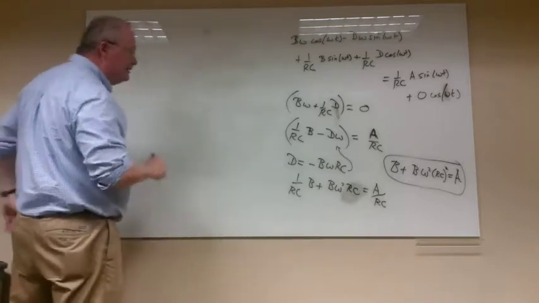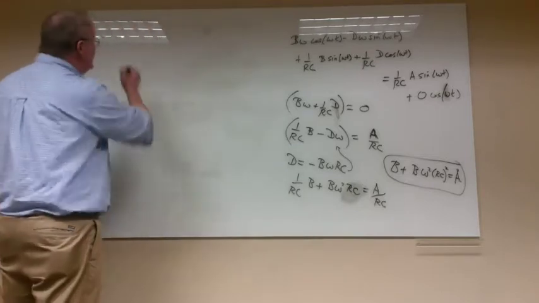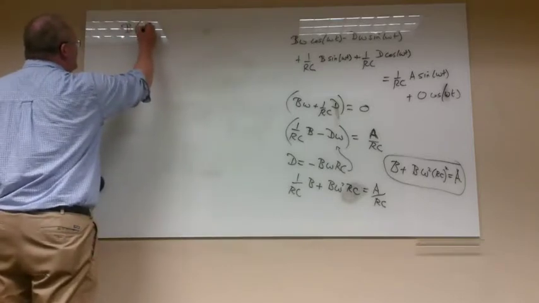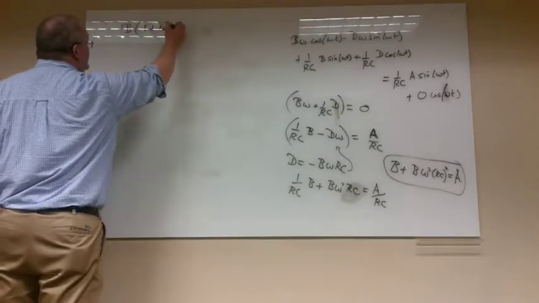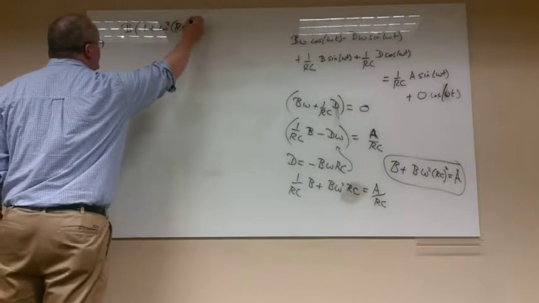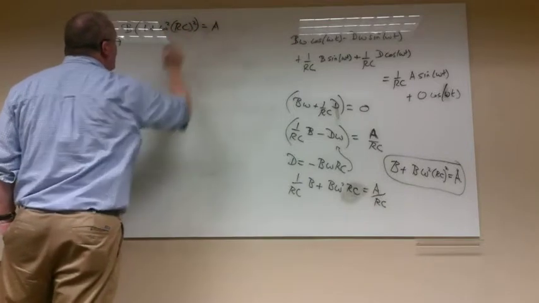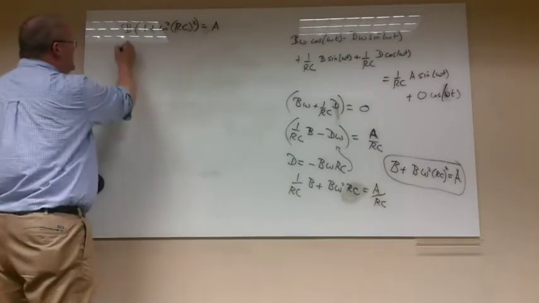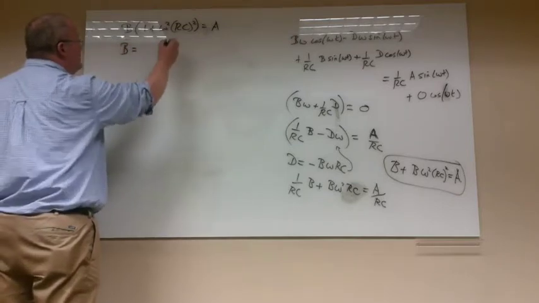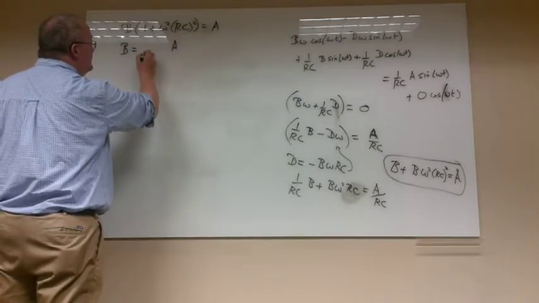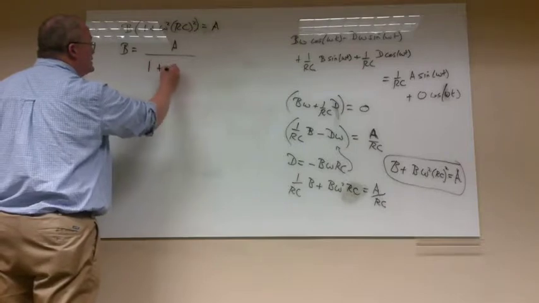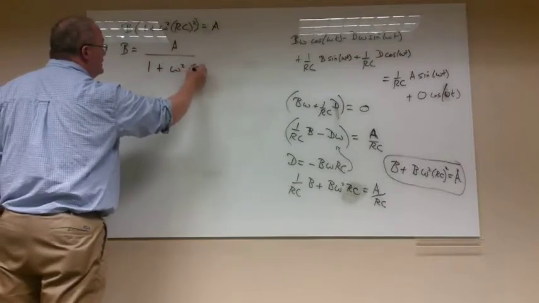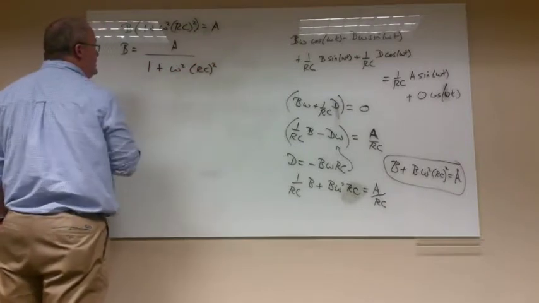B times 1 plus omega squared RC quantity squared is equal to A. So B is equal to A divided by 1 plus omega squared times RC quantity squared.